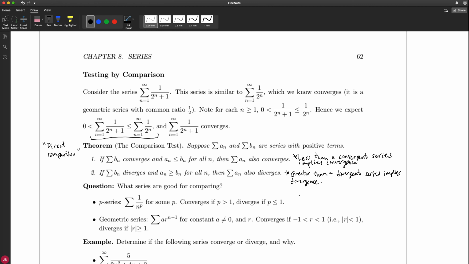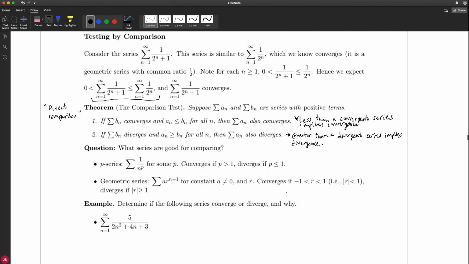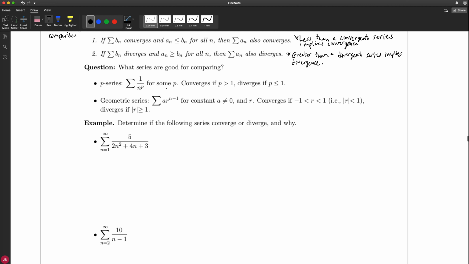And similarly, if you're less than a divergent series, that tells you absolutely nothing. So only these two apply here. Okay, so series that are good for comparing is if you have essentially a p-series or a geometric series. Those are the big two here. There are others out there, but these are sort of the prototypical ones.